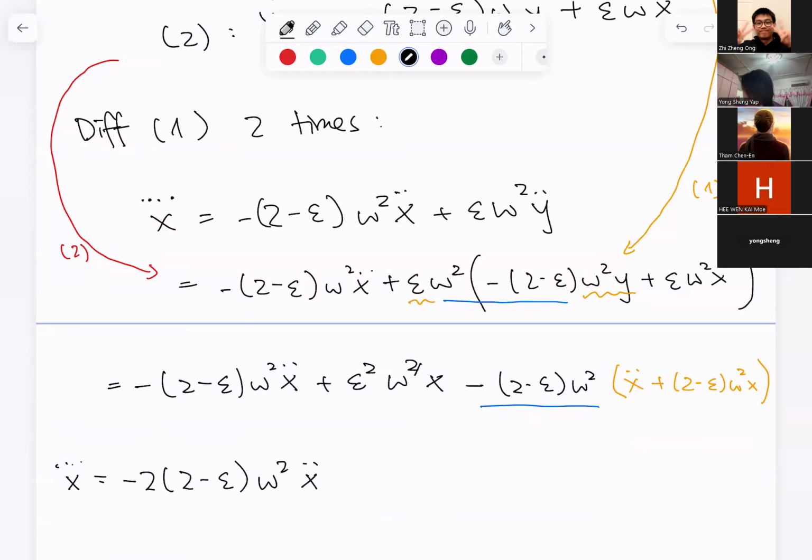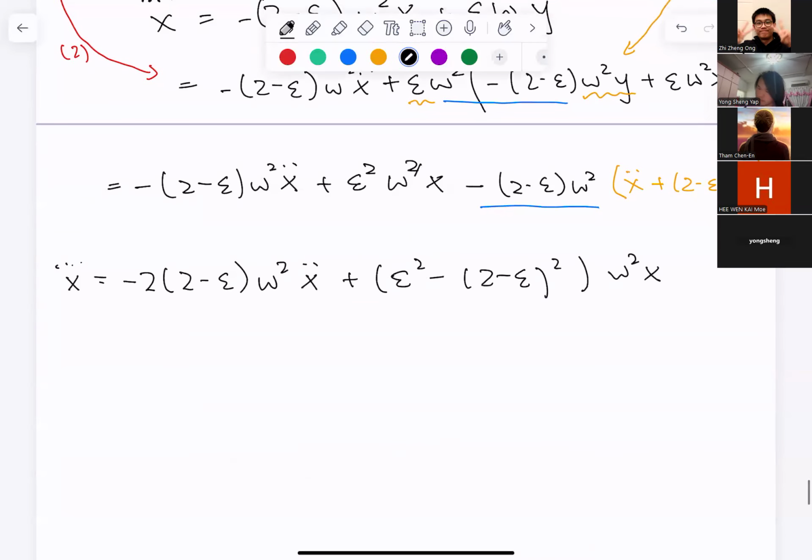Okay, there's 2 of them, right? And then for the x part, you get plus epsilon squared plus 2 minus epsilon, minus 2 minus epsilon squared omega squared x. And if you do the maths, this is omega squared x double dot plus, this is 4, 1 minus epsilon omega squared x.